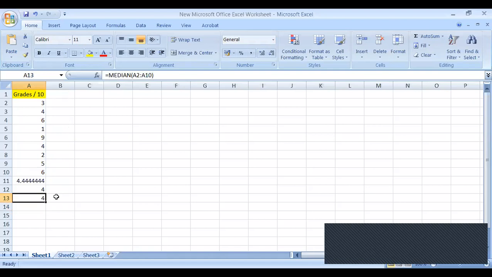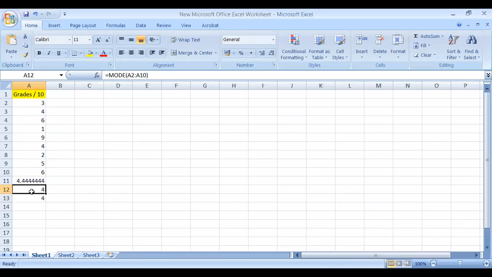So median is the central term of the data, and mode is the most repetitive or the most frequent element in this data, right? So we can say this is the mean, this is the mode, and this is the median of this data.